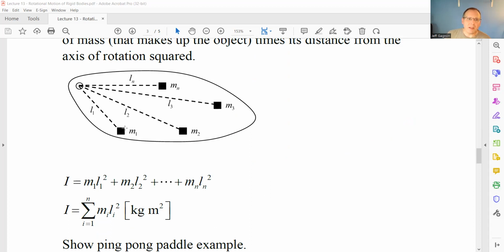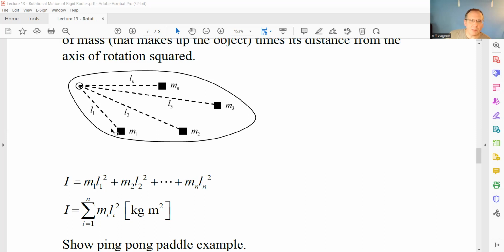And each one of these little bits of mass is at a certain distance away from the axis of rotation. So this thing, if it rotated, would rotate about this point right here. So each little bit of mass is a certain distance away. So M1 is this distance L1 away from the axis of rotation. M2 is this distance L2 away from the axis of rotation. M3 is this distance L3 away, and so on. And Mn is Ln away.